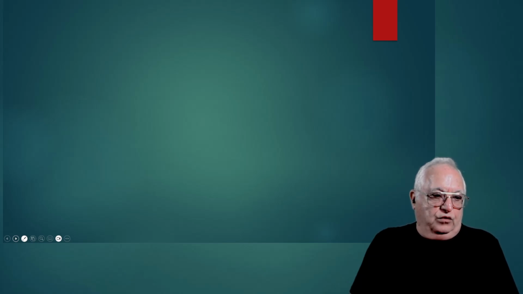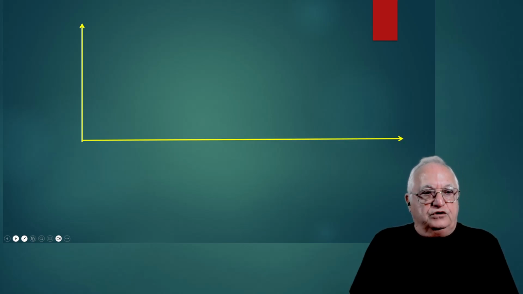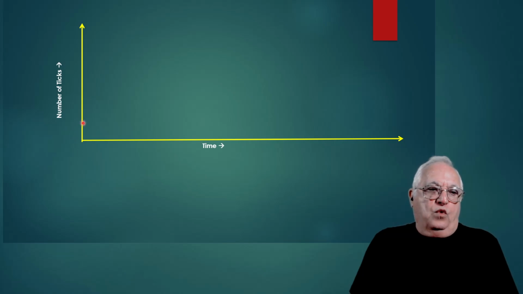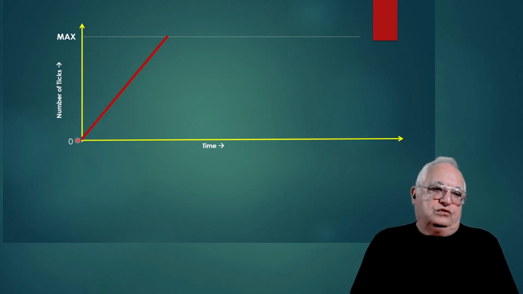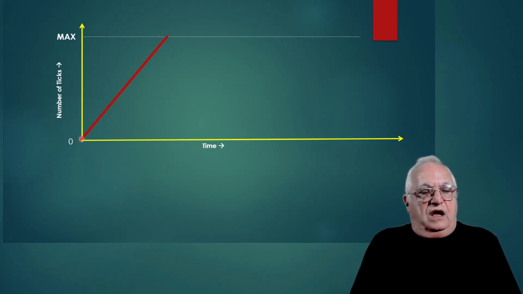Okay, let's try to understand how we generate the signals to control the servo. Here I have an X and Y axis that shows time and the number of ticks of our 16 megahertz clock. The ticks are going to go between 0 and a max value. This red line shows how our timer goes from 0 to its max value, and these are the number of ticks to get there.